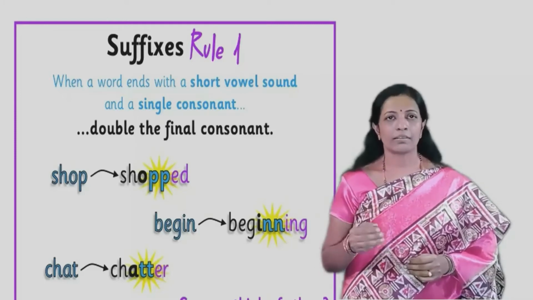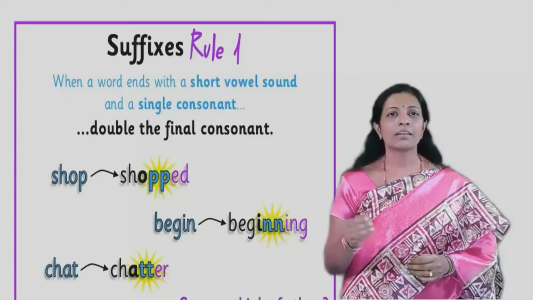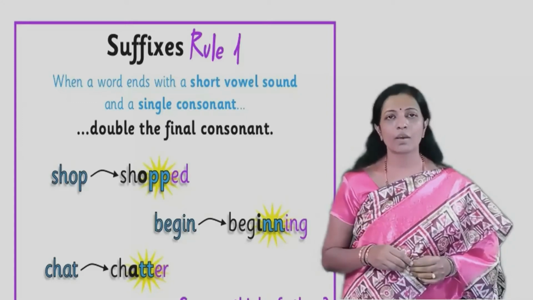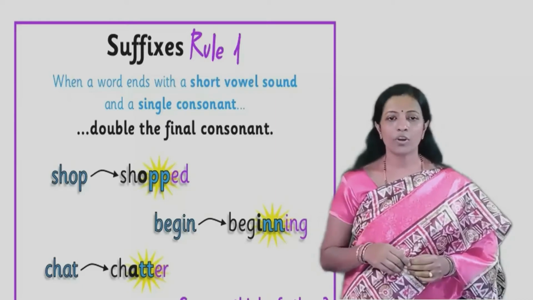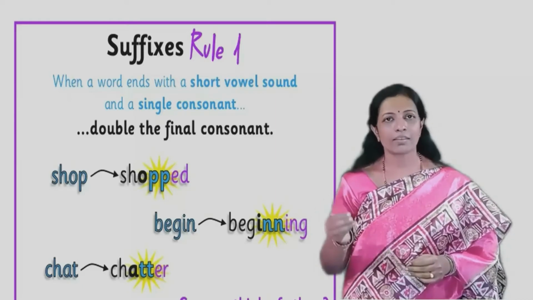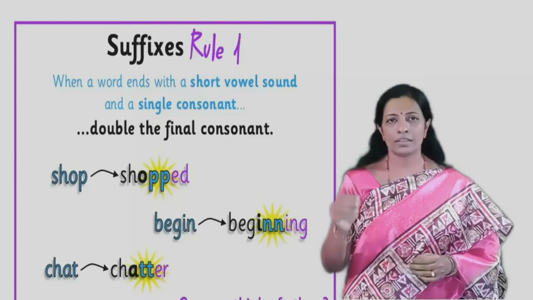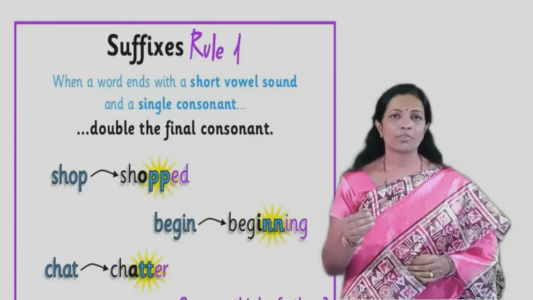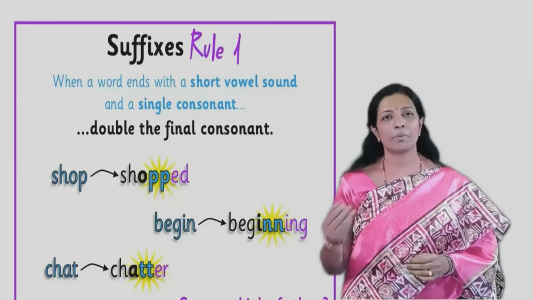Similarly, chat. The word chat ends with A-T. A is the short vowel sound and T is the final consonant. When we add the suffix er to it, the new word which is formed is chatter, and the final consonant letter T is repeated twice.